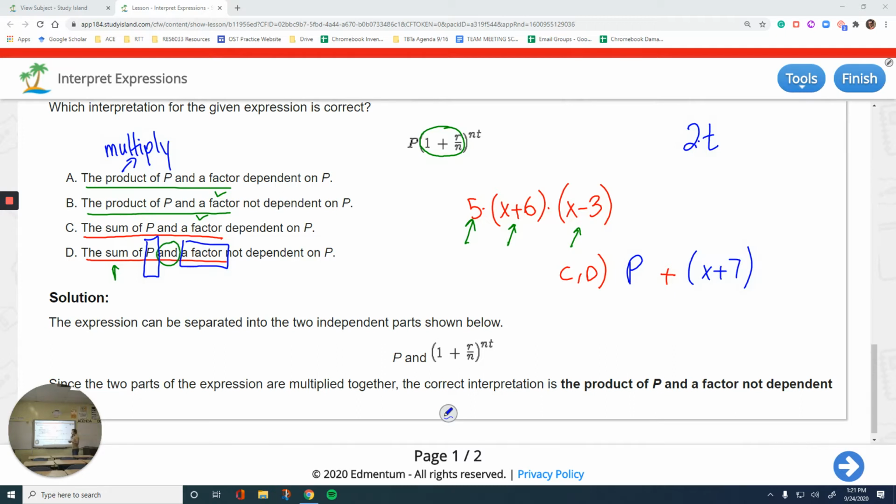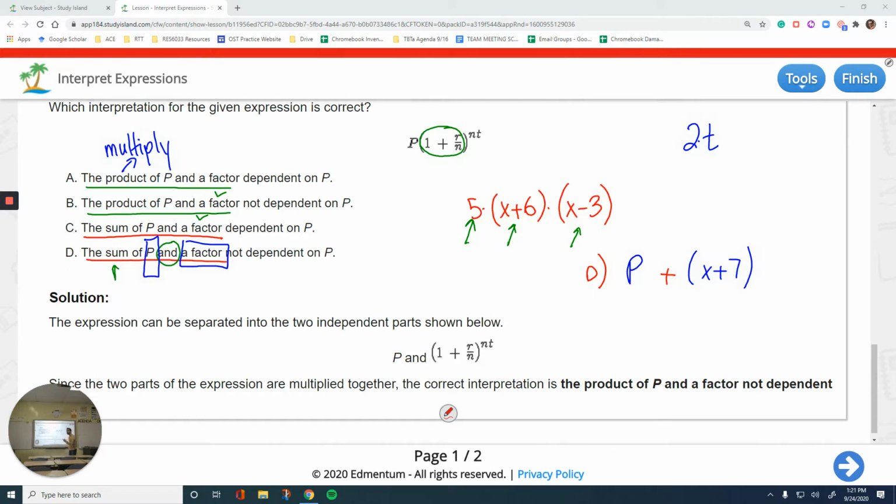Now, let's talk about being dependent on P, not dependent on P, or independent. Not dependent and independent are the same thing. Let's just talk about D. Actually, this would look like D, so let's cross this out and just make it D. When it says not dependent on P, it means it has nothing to do with P. When you look at that expression, you wouldn't see any P, such as 5P, P over 2, or P plus 3.